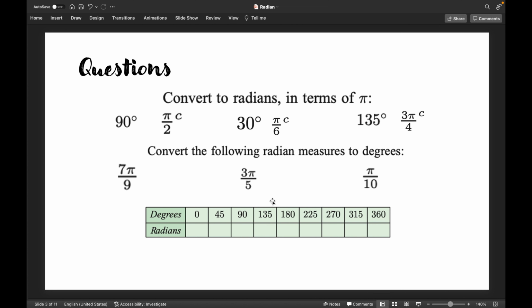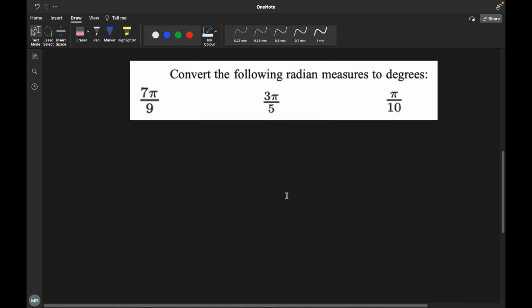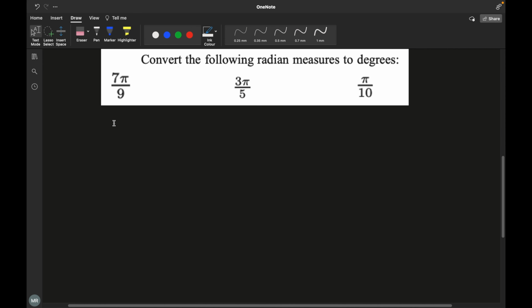So we have to convert the following radian measures to degrees. Okay, so in order to convert from radians to degrees, we have to multiply by this factor.